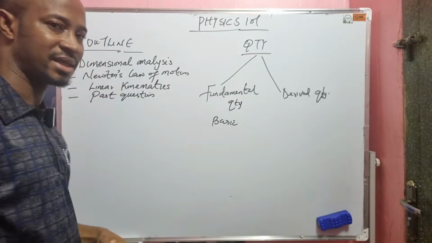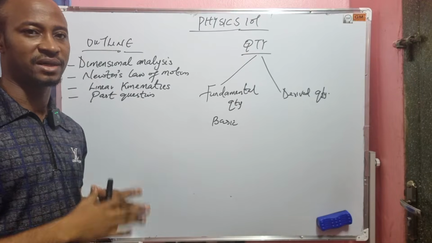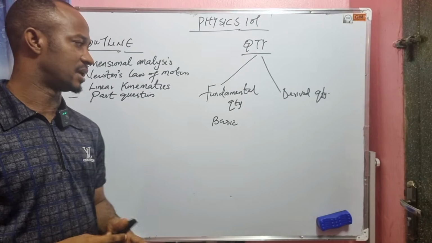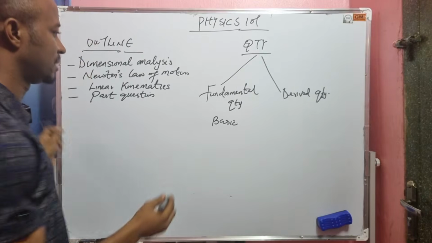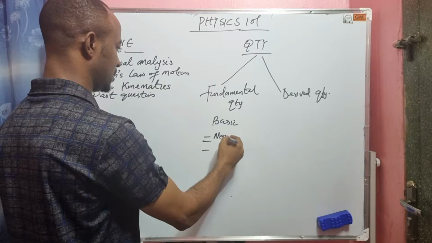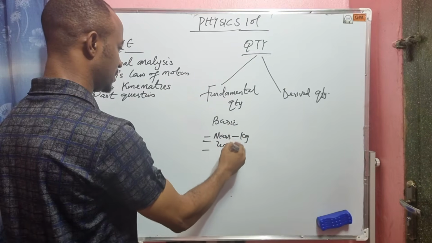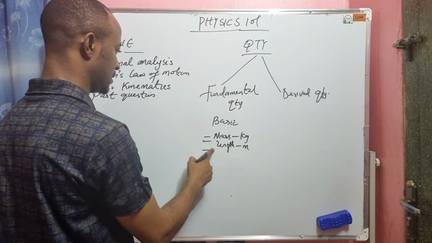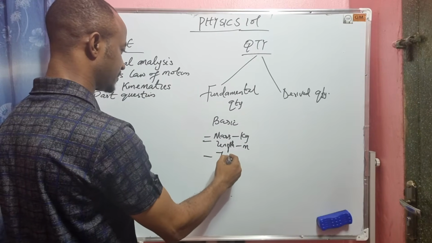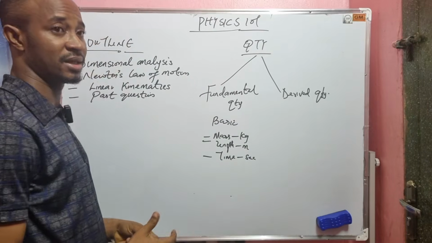They are self-defined. They don't depend on any other quantities to define them. A good example of fundamental, in the metric system, are mass in kilogram, length in meter, then time in seconds.